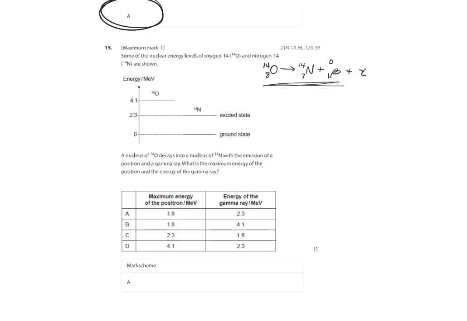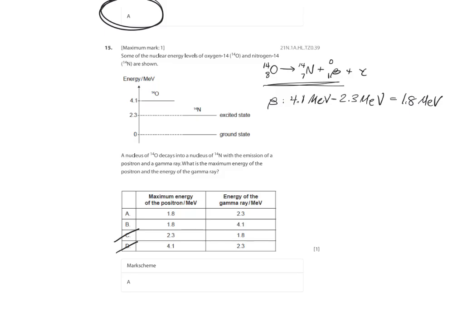But in the process of going from oxygen having an energy of 4.1 megaelectron volts to nitrogen having an energy of 2.3 megaelectron volts, that difference is the beta particle. So that positron, that beta positive particle, is 1.8 megaelectron volts, so the answer is either A or B.